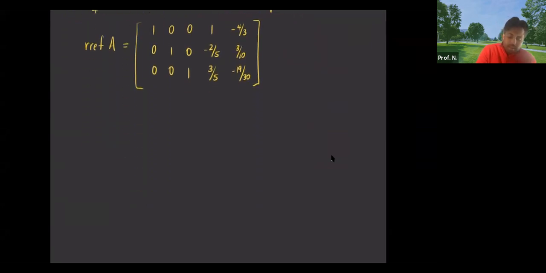So with this in mind, this row reduced echelon form gives me what? x1 plus x4 minus 4/3 x5 equals 0, right? That's the first row. Row 2 gives me x2 minus 2/5 x4 plus 3/10 x5, this also equals 0. And then lastly, x3 plus 3/5 x4 minus 19/30 x5 equals 0.